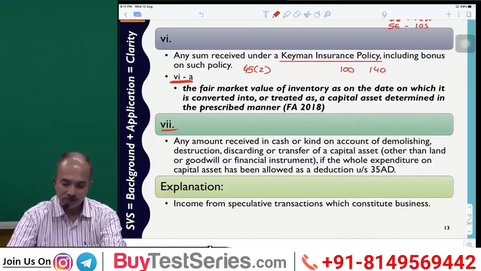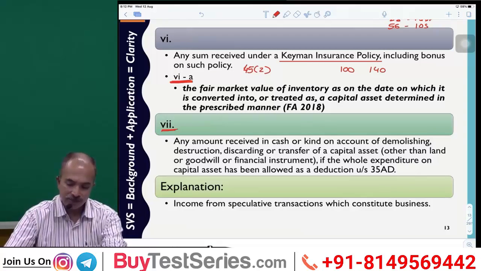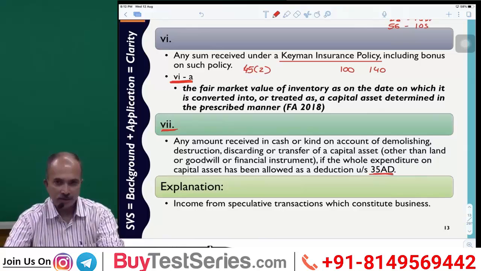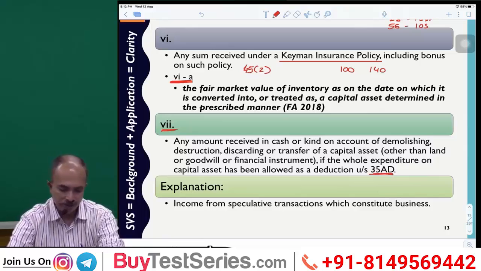Any amount received on account of the demolishing, destruction, discarding or transfer of a capital asset, if the whole expenditure on the capital asset is allowed as a deduction under 35(a)(d). Now 35(a)(d), I am not going to go into this section right now, but principally what does section 35(a)(d) say?